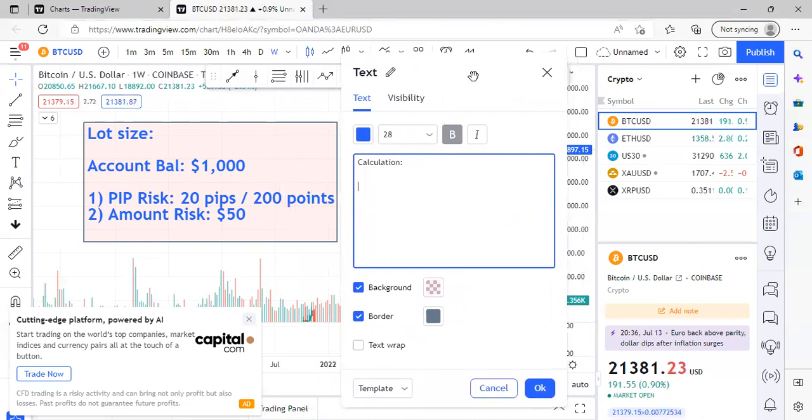So for you to not risk more than $50, just do your calculation.